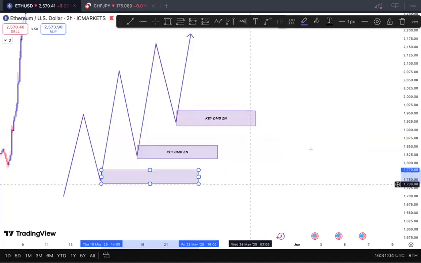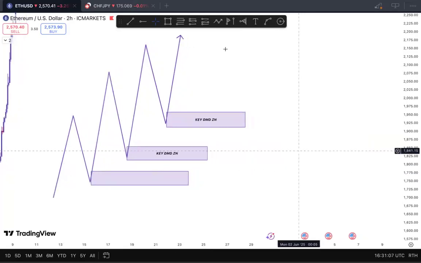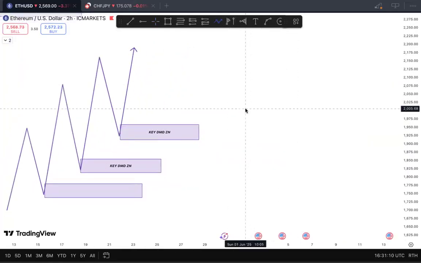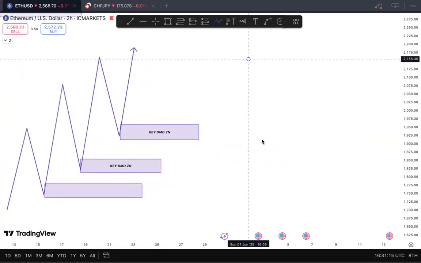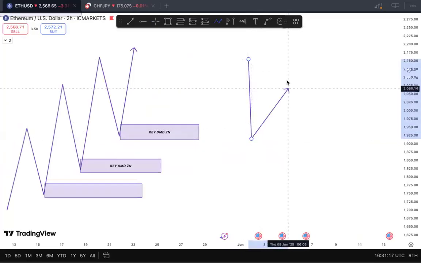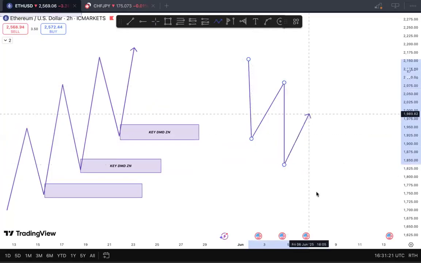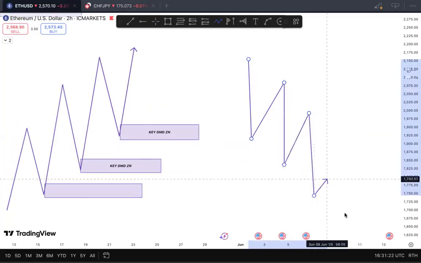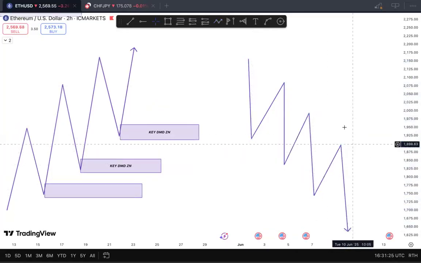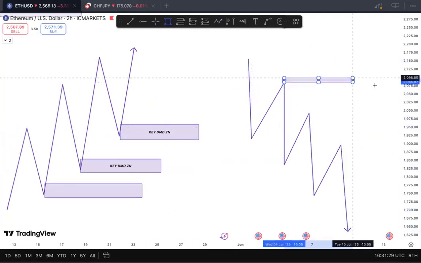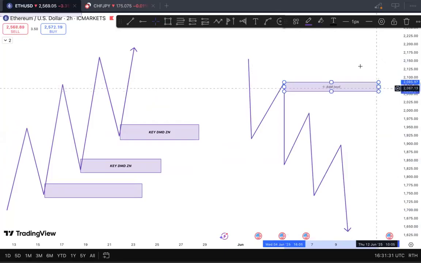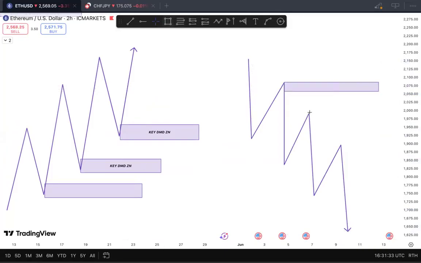These zones are usually demand zones. And for the downtrend in a higher time frame, these zones are usually supply zones.